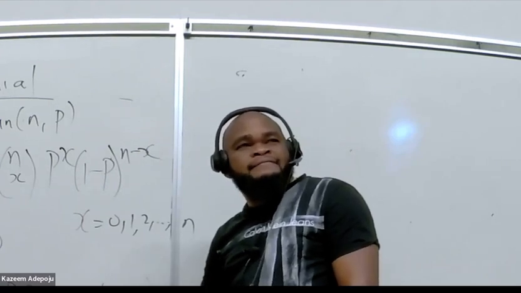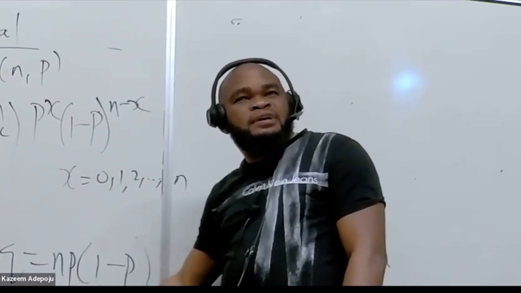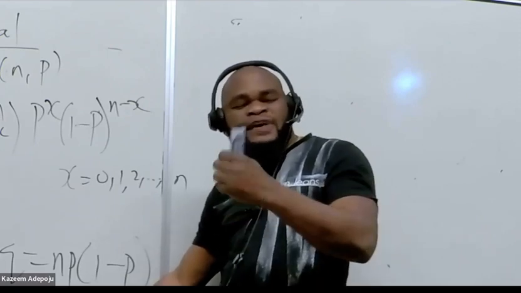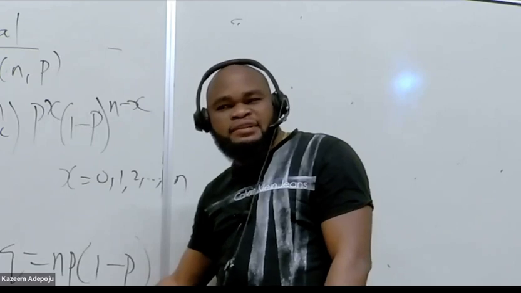When I try 10 times, how many times do I record the characteristic of interest?